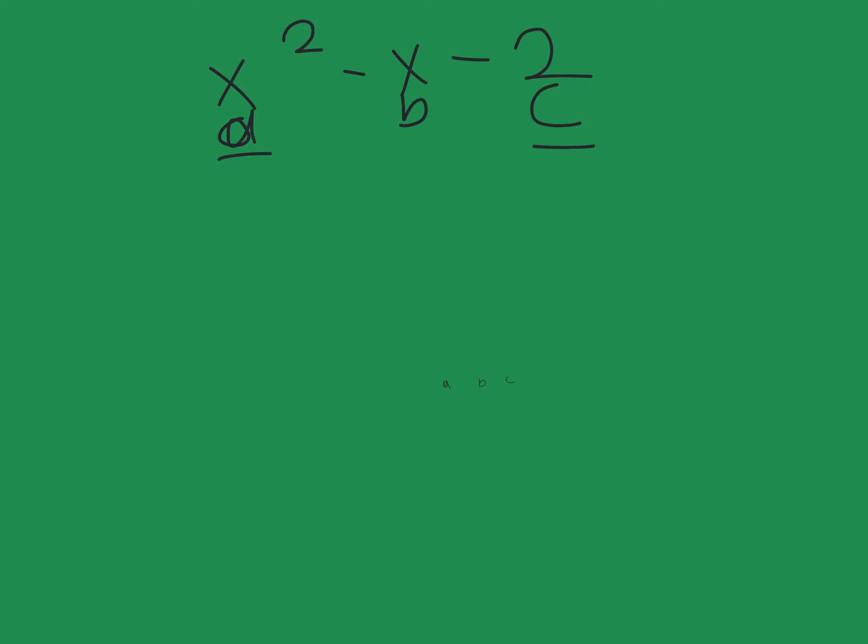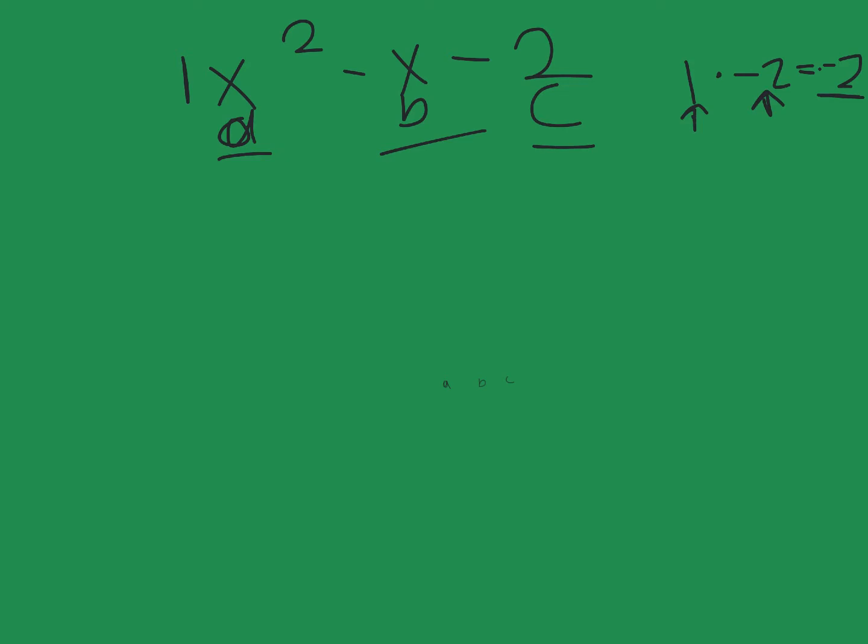No, we have to put a 1 because x has a coefficient of 1. So we're going to do 1 times -2, which equals -2. Now, with this -2, we have to find multiples that add up to our b, right?